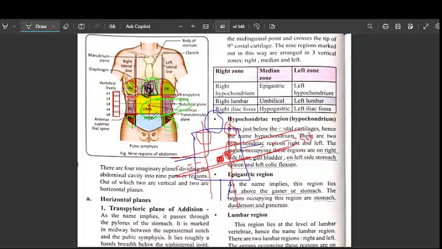Now in the lower abdomen region, you see it is hypogastric. The lower part of this gastric region is hypogastric. Epigastric, hypogastric.